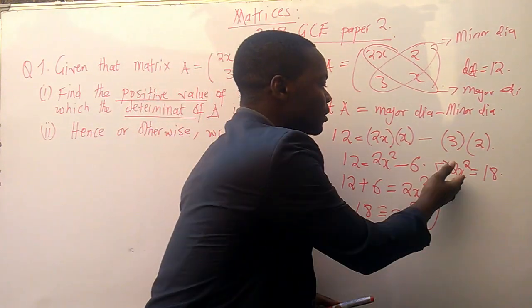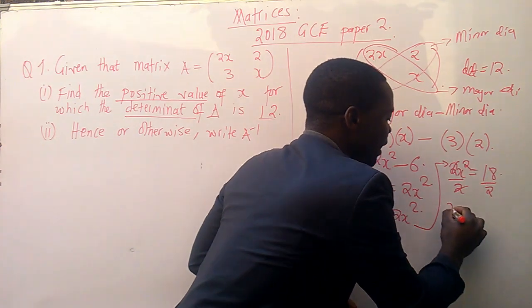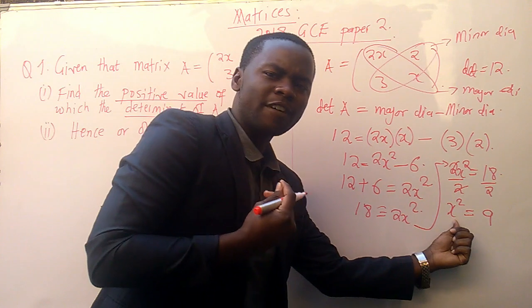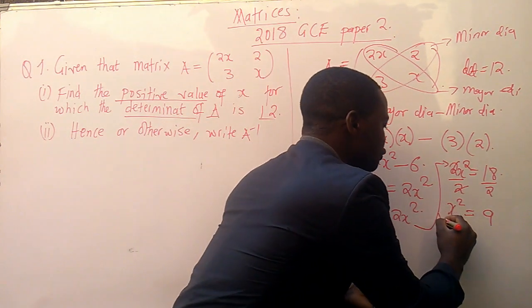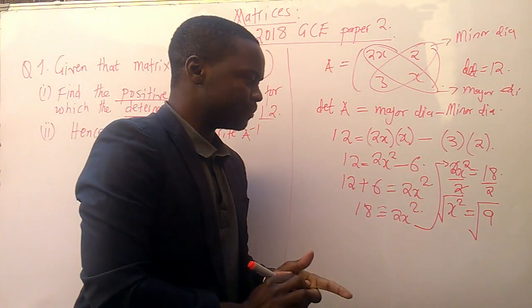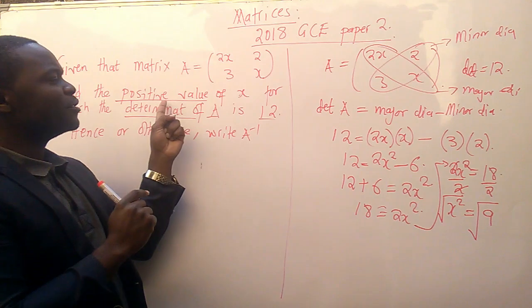So now for us to remain with x, we divide both sides by 2. So we're going to have x squared is equal to 9. So for us to know the value of x, we introduce the square root for both sides. Square root both sides of the equation. Now, why did they say find the positive value of x?